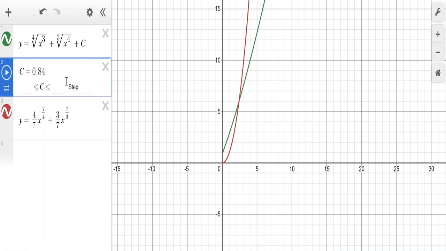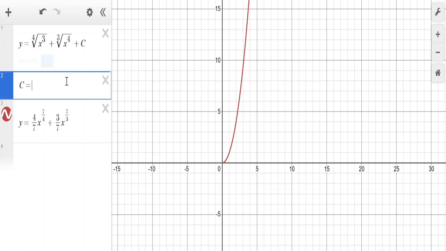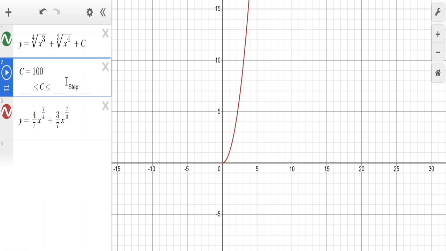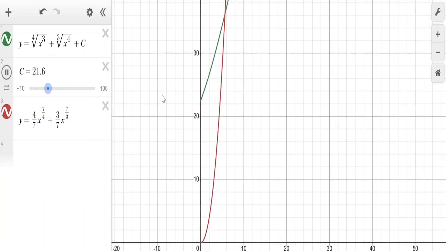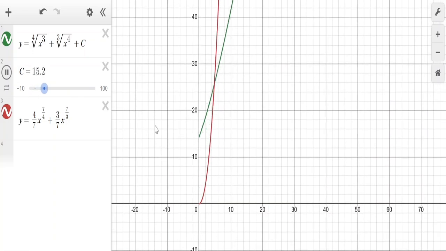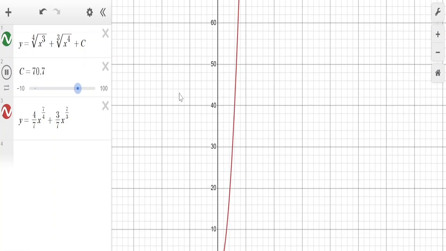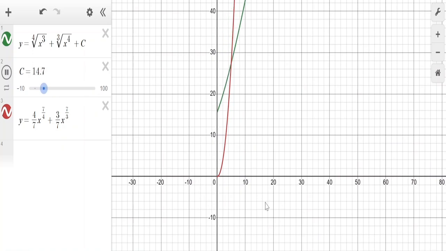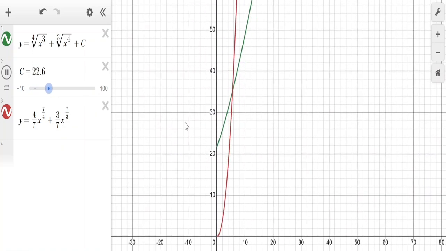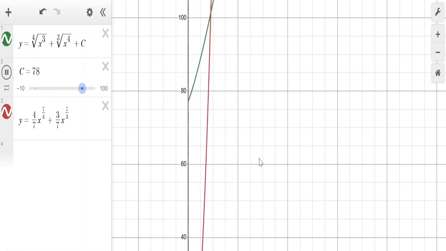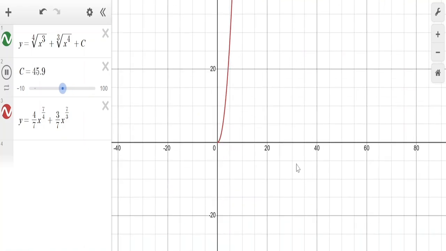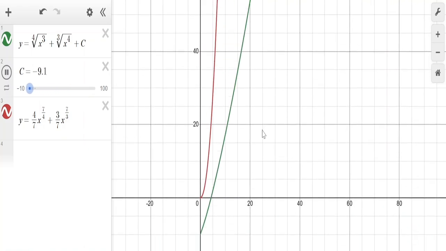We can set it to something else, maybe 100, and it would still be the same. You can set the constant to any number you can think of. And this is just how it would look like in the graph.